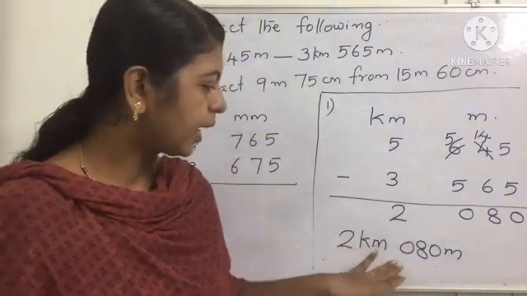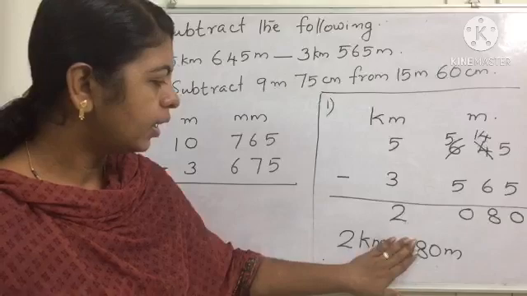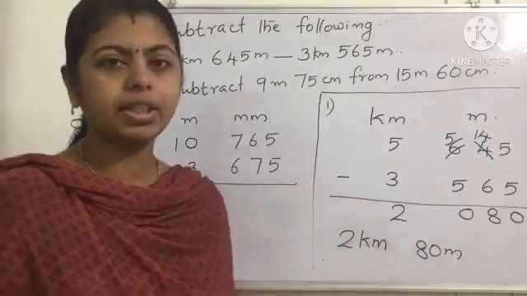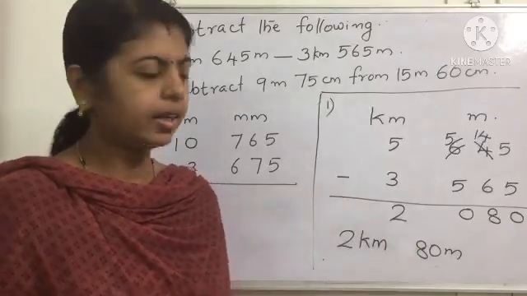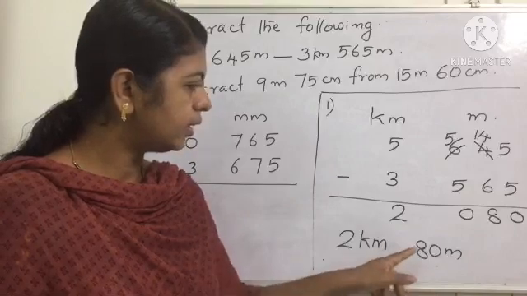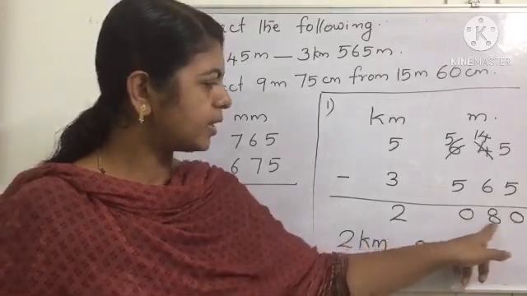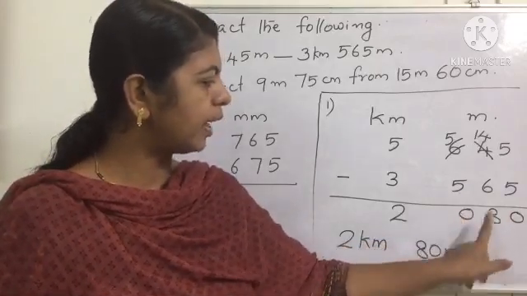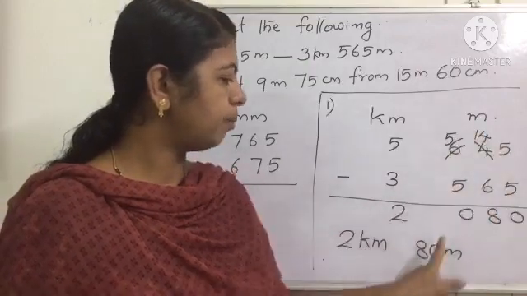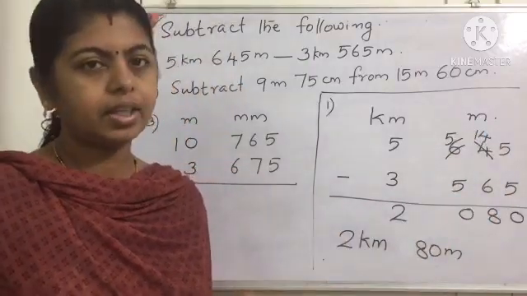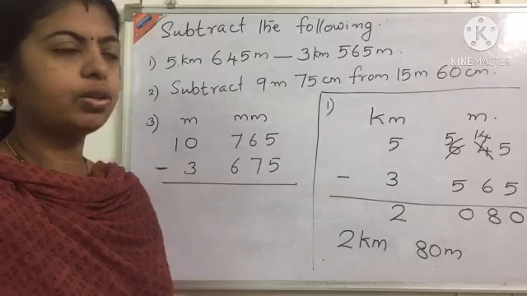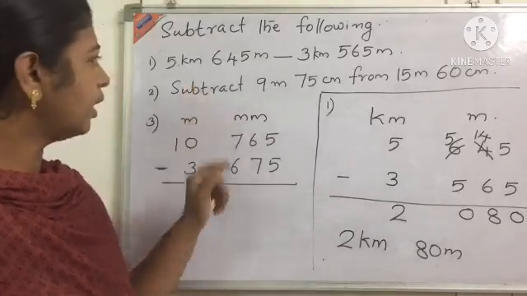If you want, you can avoid this 0 here, and it will read as 80 meter. Clear? 2 kilometer 080 means this 0 has no value, so 80 meter. Clear? Now we can go to the second question.